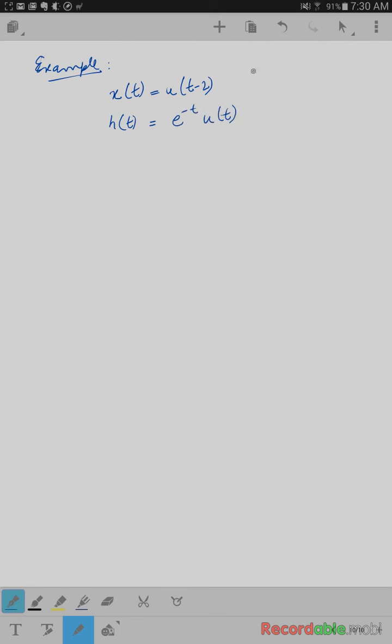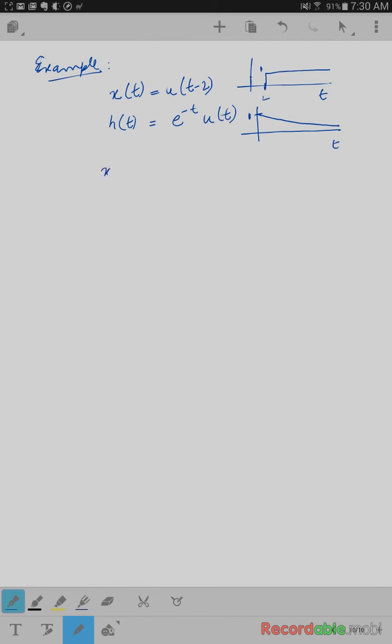Okay, so really x of t is just a step function, but it doesn't start at 0, it starts at 2. And h of t is a decaying signal which starts at 0. And the peak value for both is 1. So my question is, how do we compute the convolution?